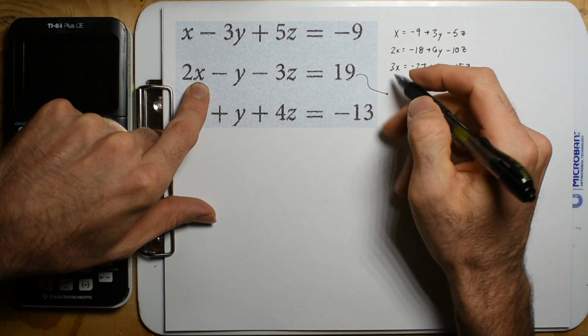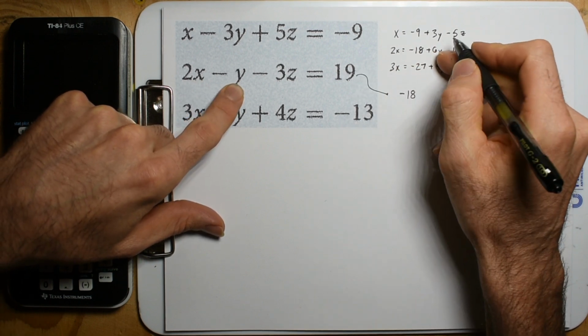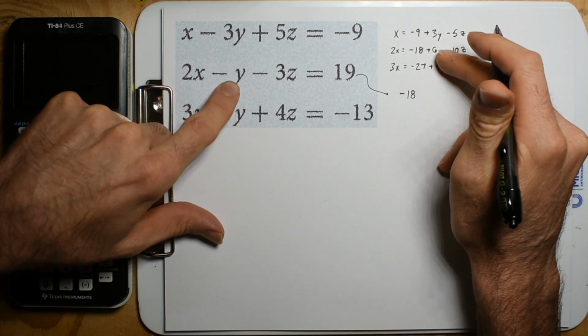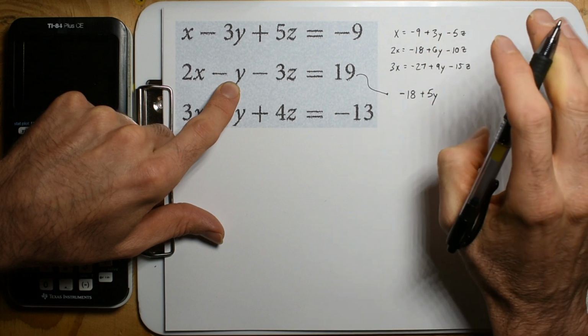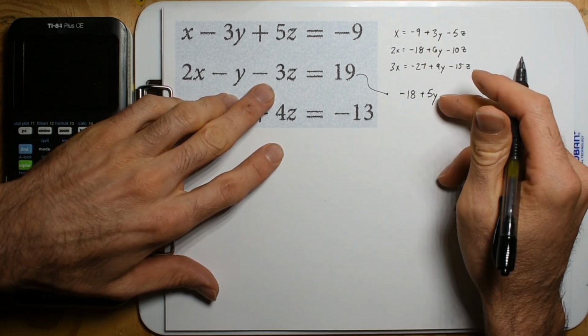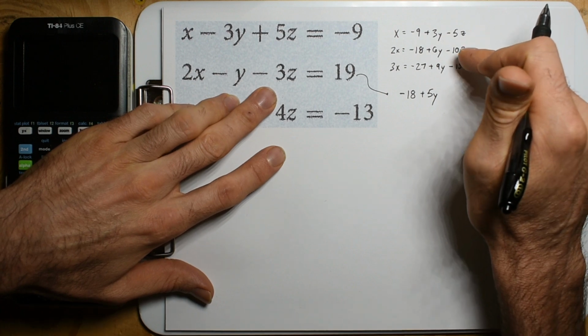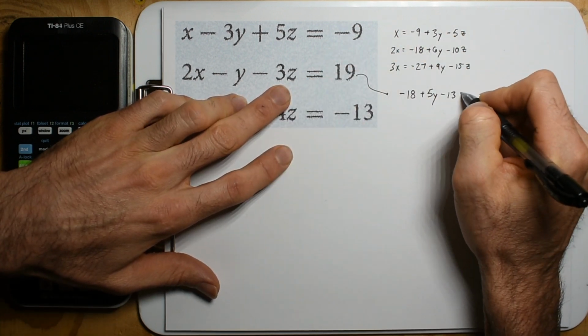And this equation is going to be negative 18 plus 6y. I'm just going to do a couple things at once. Plus 6y minus y, that's going to be plus 5y. I can't write a lot because my joints hurt. Anyway, so now we have minus 10z minus 3z. Sweet, so that's going to be minus 13z.